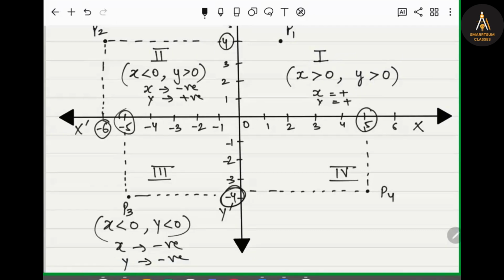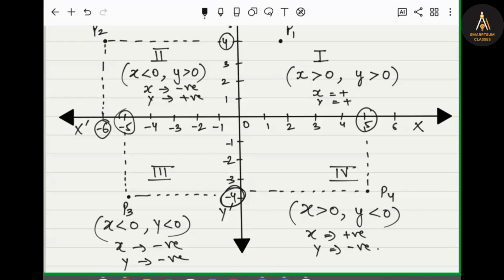So for the fourth quadrant, x is greater than 0 and y is less than 0. For a point where x is positive but y is negative, it will lie in the fourth quadrant.